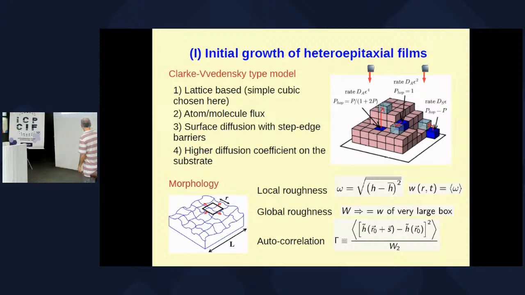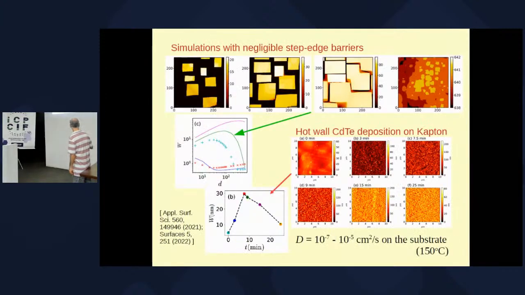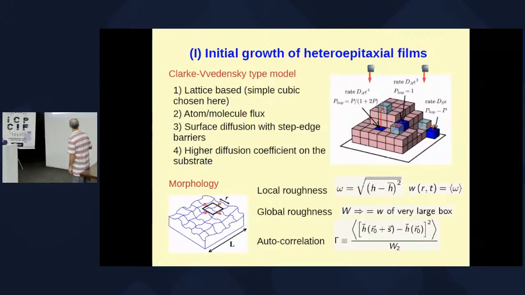Then, for this purpose, we used a Clarke-Vvedensky type model in a simple cubic lattice, like this one, showing the organization of some atoms or molecules in a mound, where we have some atomic or molecular flux.